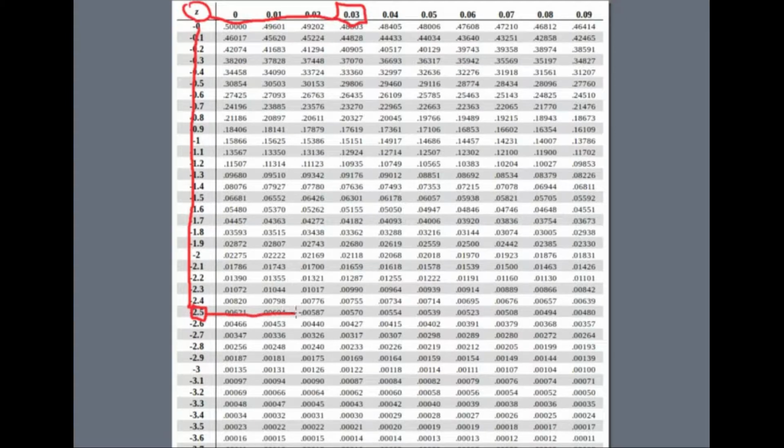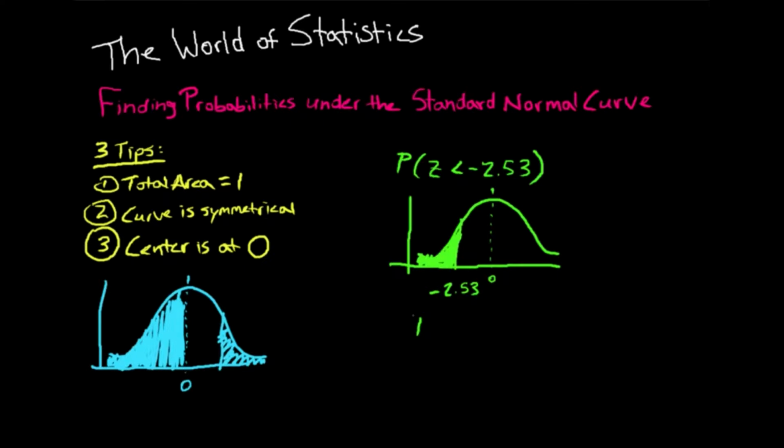Then we come on down, and we see 0.0057. So the probability that z is less than negative 2.53 is equal to 0.0057, because that's everything to the left-hand side.